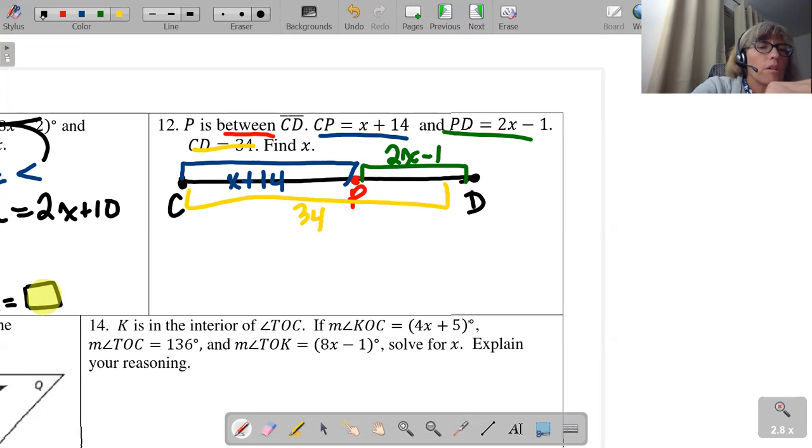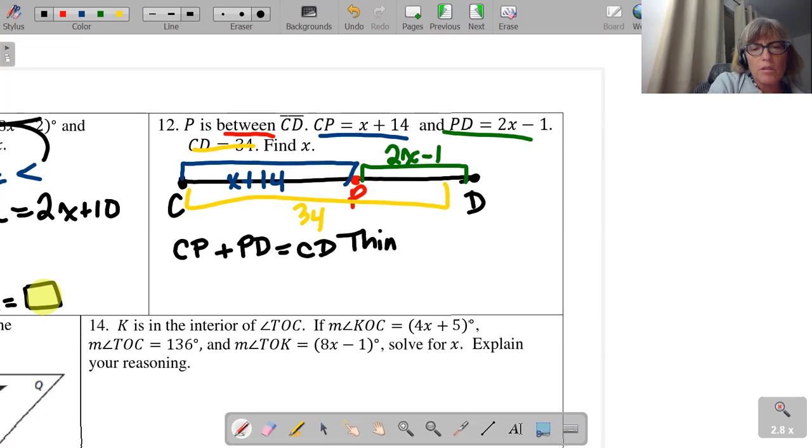34. So I usually like to talk about things before I talk about algebra, and I know the distance CP plus the distance P to D equals CD. I call that a thing equation. You talk about things, and then you talk about algebra.